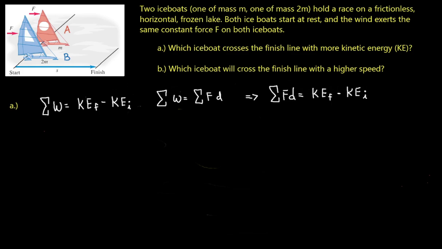With this equation, we can now solve for both ice boat A and ice boat B's final kinetic energy. So for ice boat A, we have that its net force times its displacement is equal to its final kinetic energy minus its initial kinetic energy.